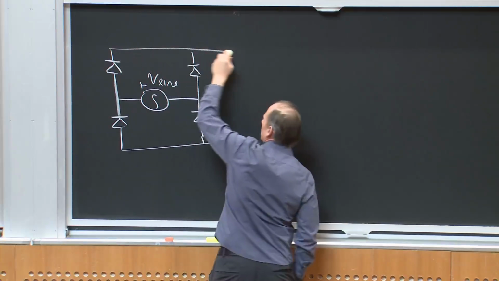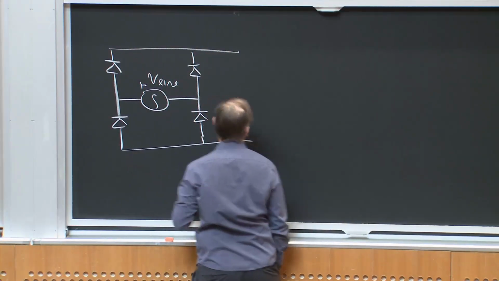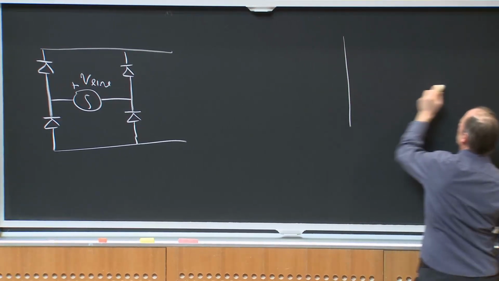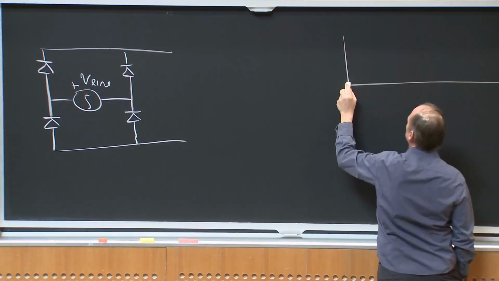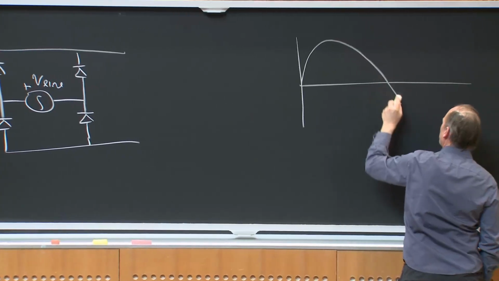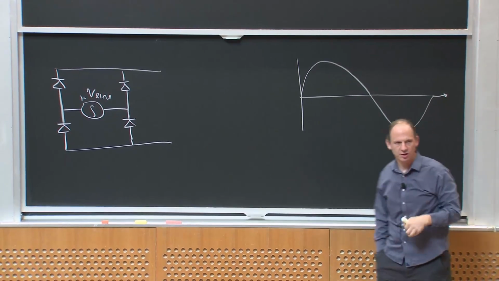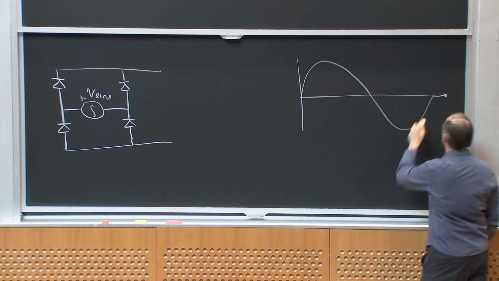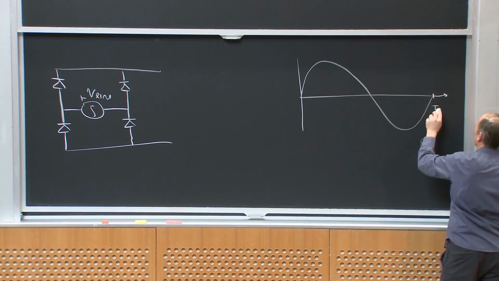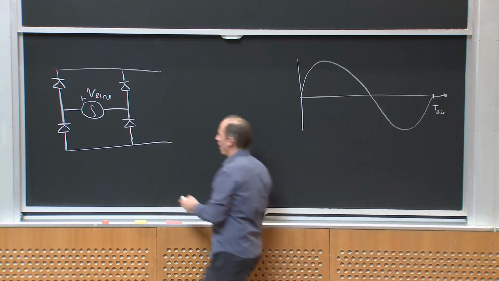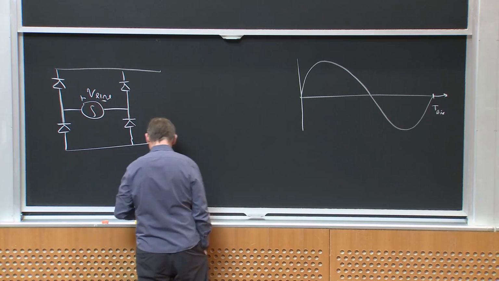So if I plotted V line of t here, and again, I'm plotting things on the line frequency time scale. So I'm going to have a switching circuit that runs much faster than that, right? So this time period T line might be 1 over 60 hertz, right? So I have V line here, okay?